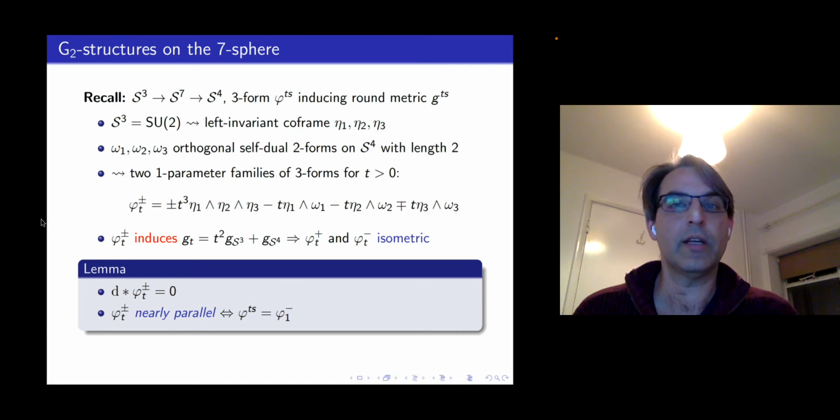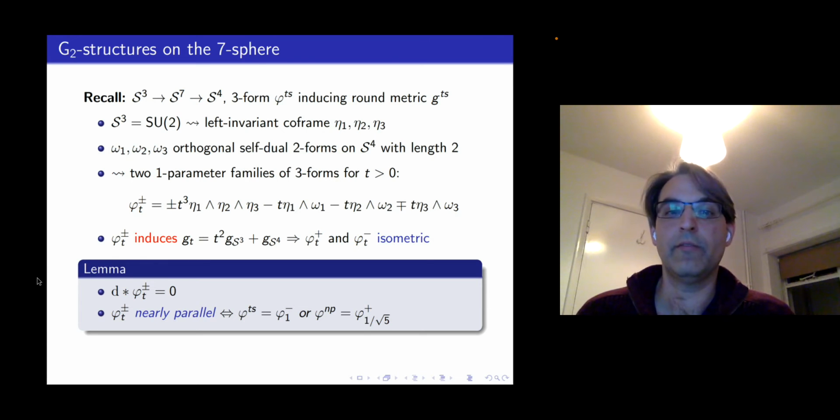But the other possibility is that t is 1 over root 5, because that will define, as we know, an Einstein metric here, but we have to take the plus sign now in order to get the right nearly parallel condition. So we call this phi_NP.